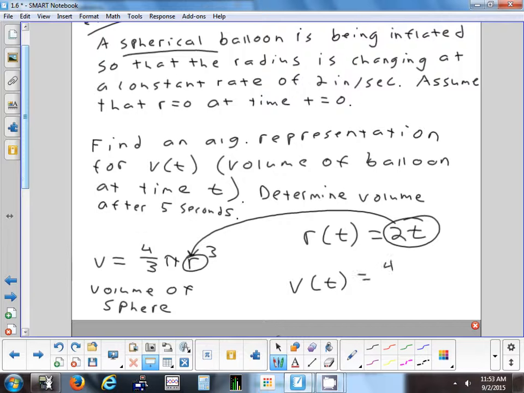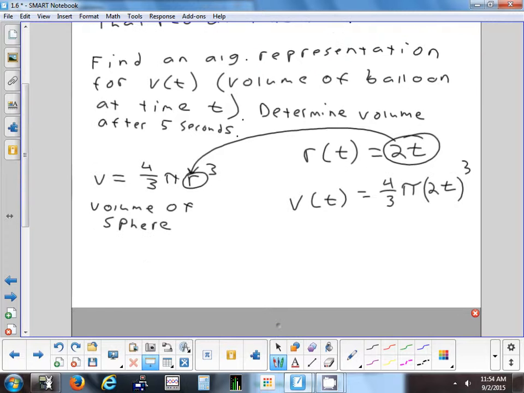So in this case, the volume is 4/3 pi (2t) cubed. Okay, and we can kind of clean that up a little bit. How about, Bill? What's 2t cubed?